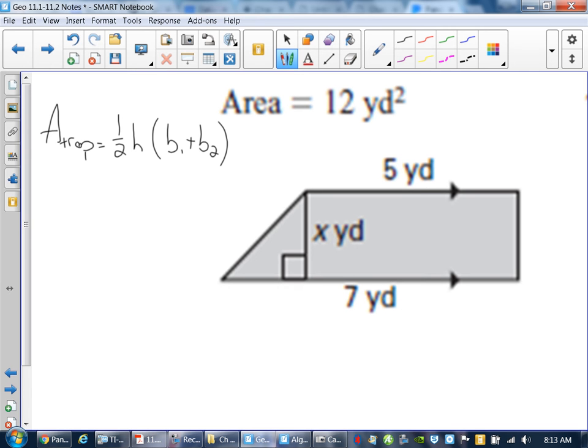You'll see that it's not a real scary, crazy algebra problem. Just make sure you write it out. If you write it out, you're going to be really hard pressed to screw this up. So we have to figure out what the height is, knowing that you have the bases. If your trapezoid has an area of 12, half of something, 5 plus 7.